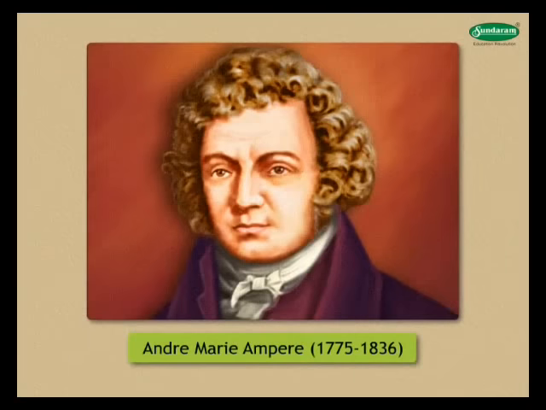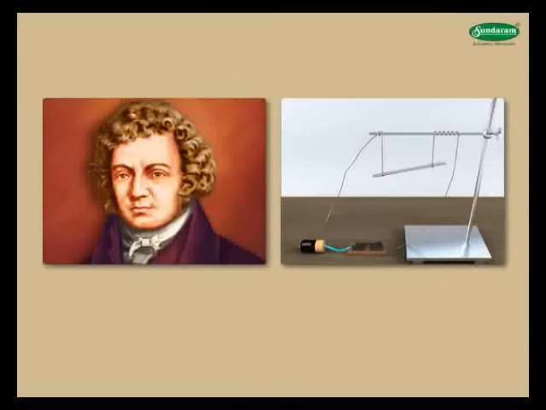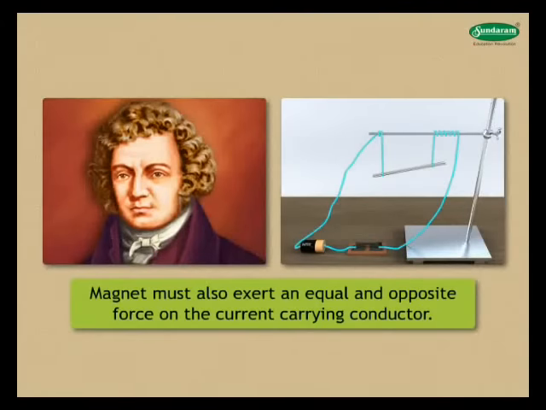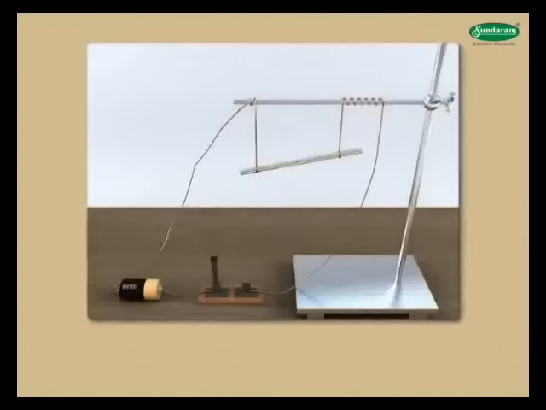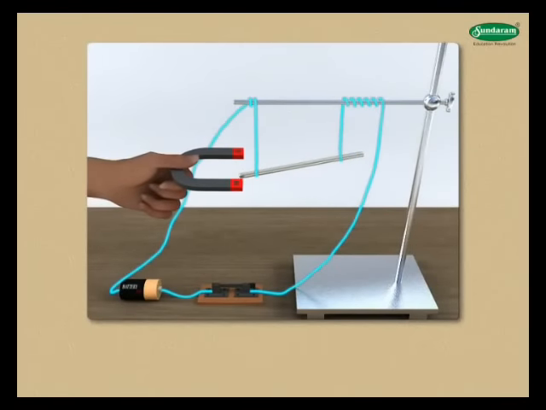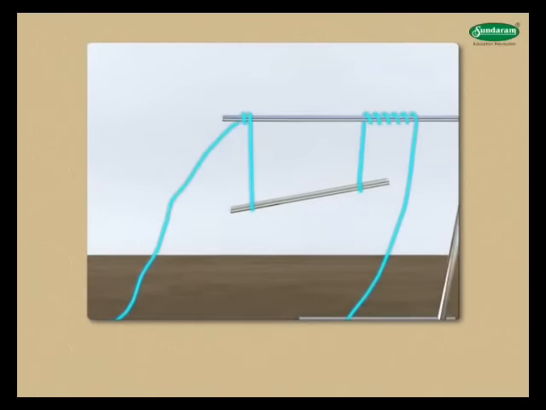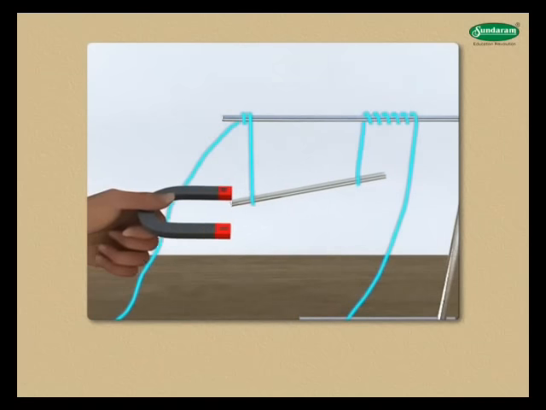French scientist André-Marie Ampère, 1775 to 1836, suggested that the magnet must also exert an equal and opposite force on the current-carrying conductor. In the above activity, it is seen that the rod is displaced, which suggests that a force is exerted on the current-carrying aluminium rod when placed in the magnetic field.